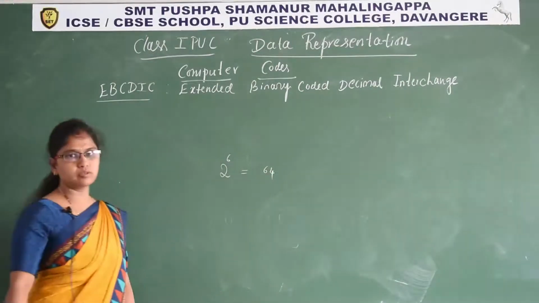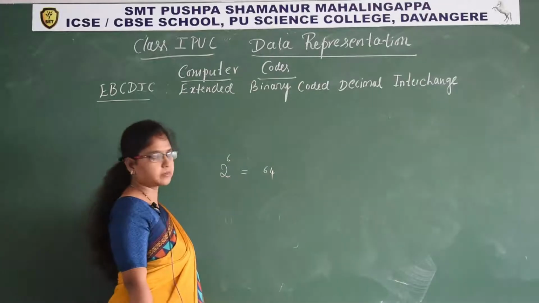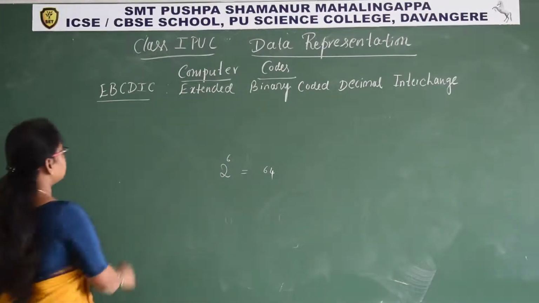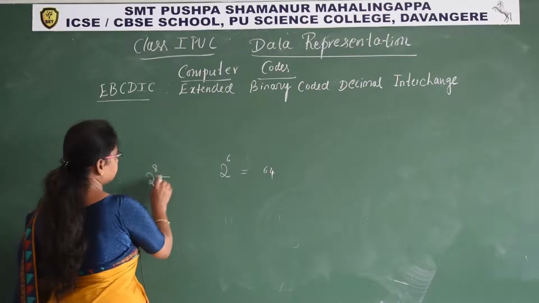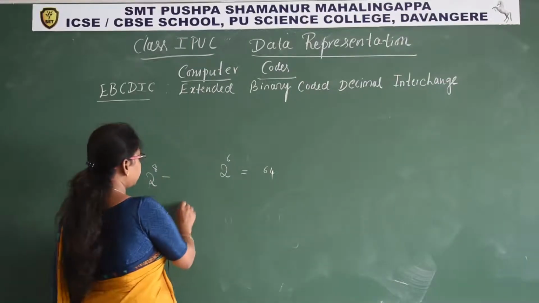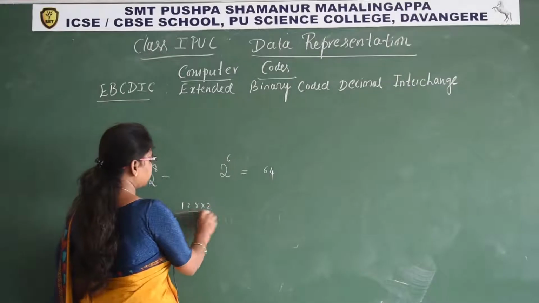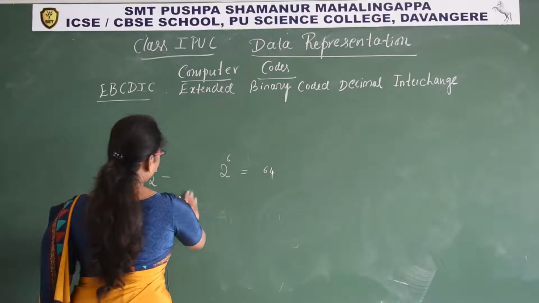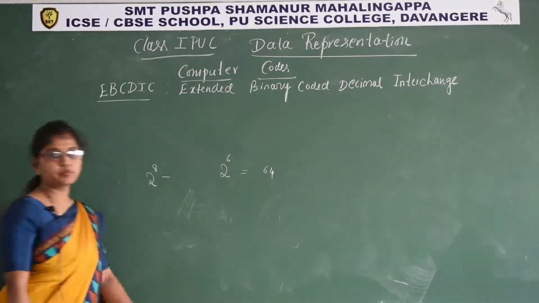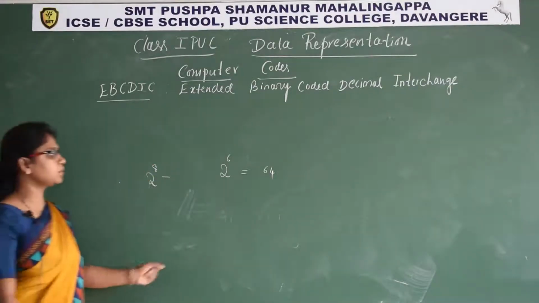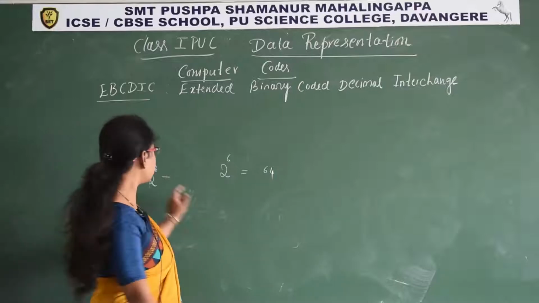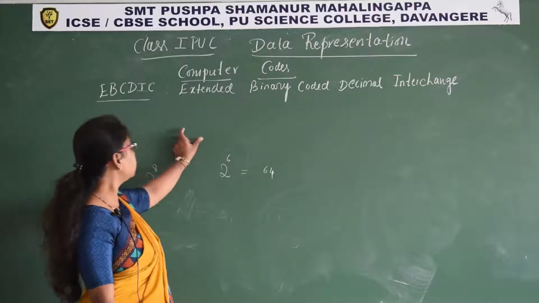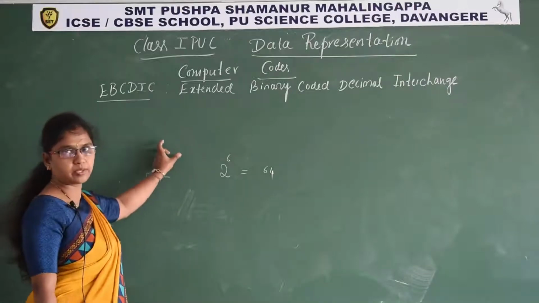We can make 64 possible codings. Here, 2 to the power of 8: 128, 256. So 256 possible groups can be made using this coding system. We are going to do an 8-bit coding system here.